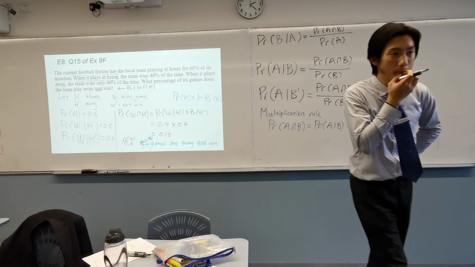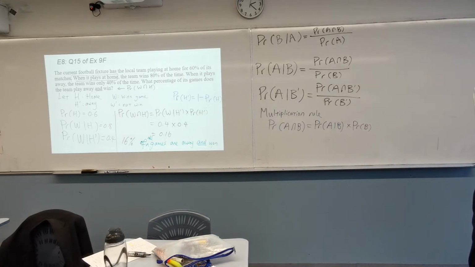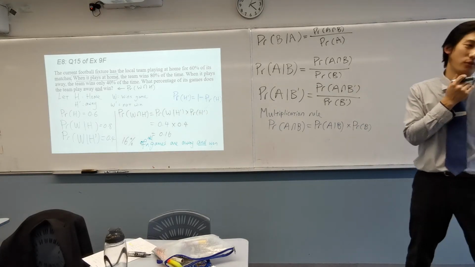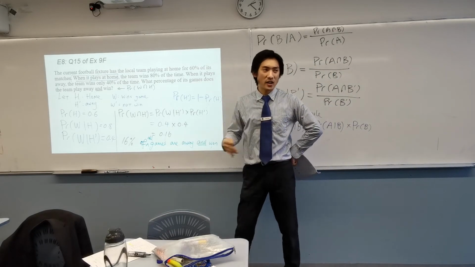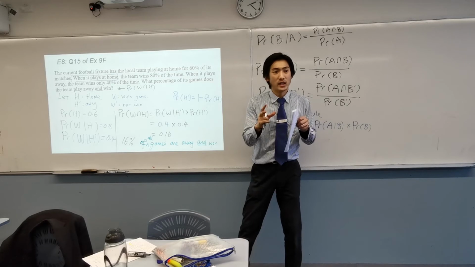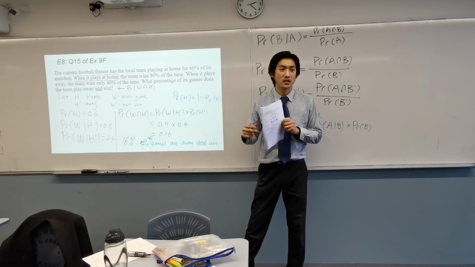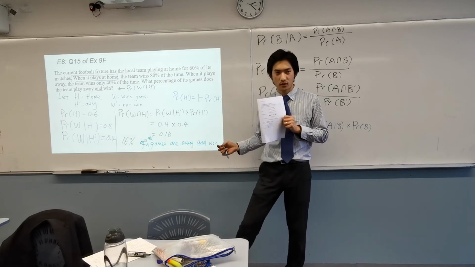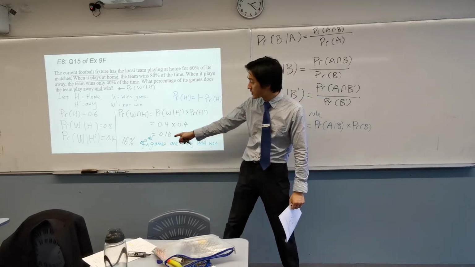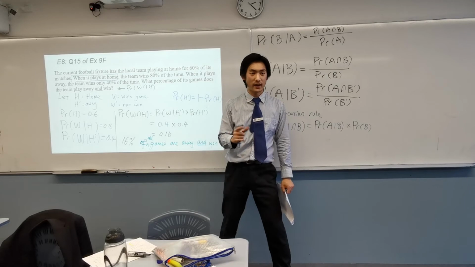If you did write it in the way that you wrote it before, would it still be right? No, I don't think so. If you wrote it like that, I'd interpret it as you only considering the games that are away, which is a conditional probability. But you're still considering only the away games. 16% of all games, whether or not it's played at home or away.